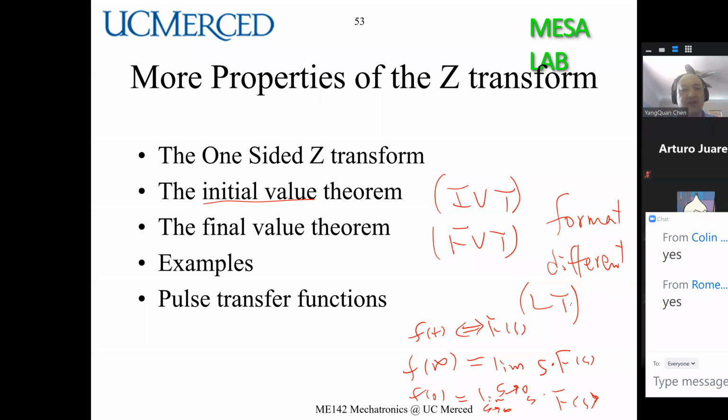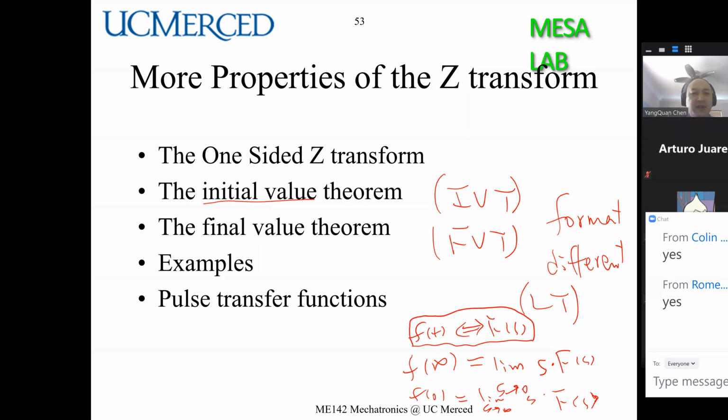Let's review the continuous time Laplace transform. f and Fs are a Laplace transformation pair. The final value of f infinity is equivalent to sending s to 0 of Fs times s. Same thing for the initial value theorem. This is FVT, final value theorem.